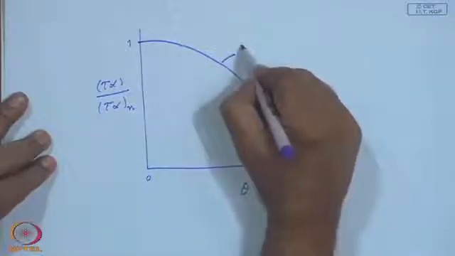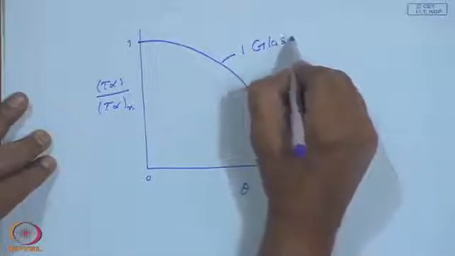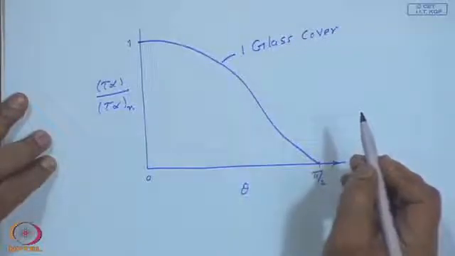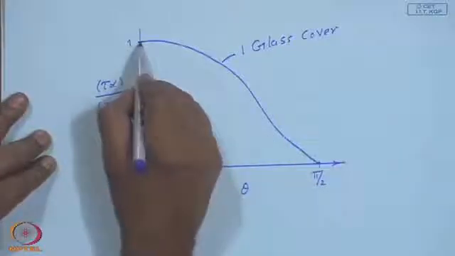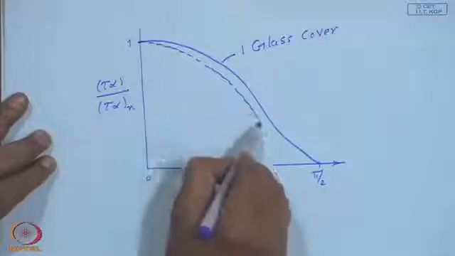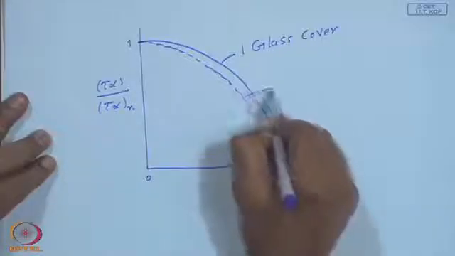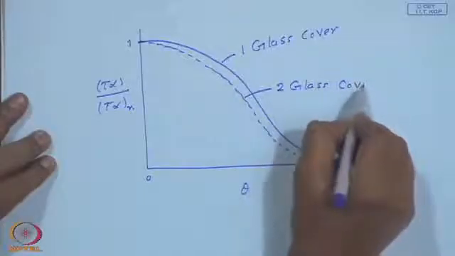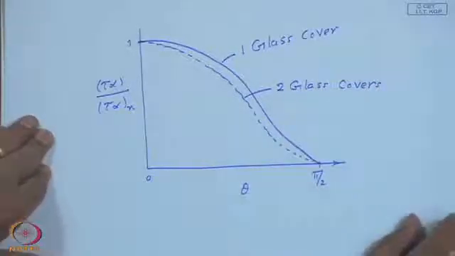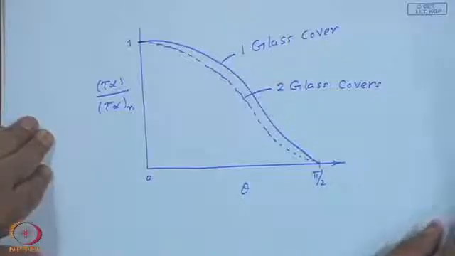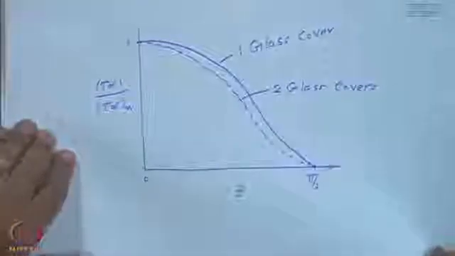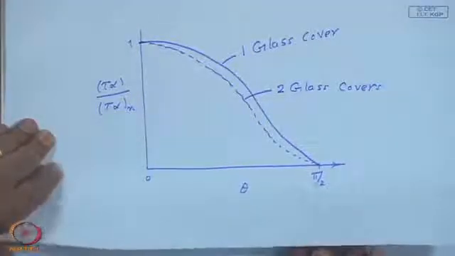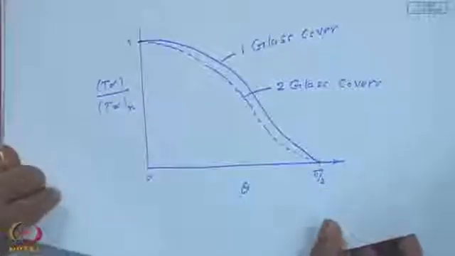This is one glass cover. If you have two glass covers, it will be slightly something like this. A simple minded calculation will be tau into alpha, which will be less than tau into alpha. Consequently, the effective transmittance absorptance product for two glass covers will be less than for one glass cover.